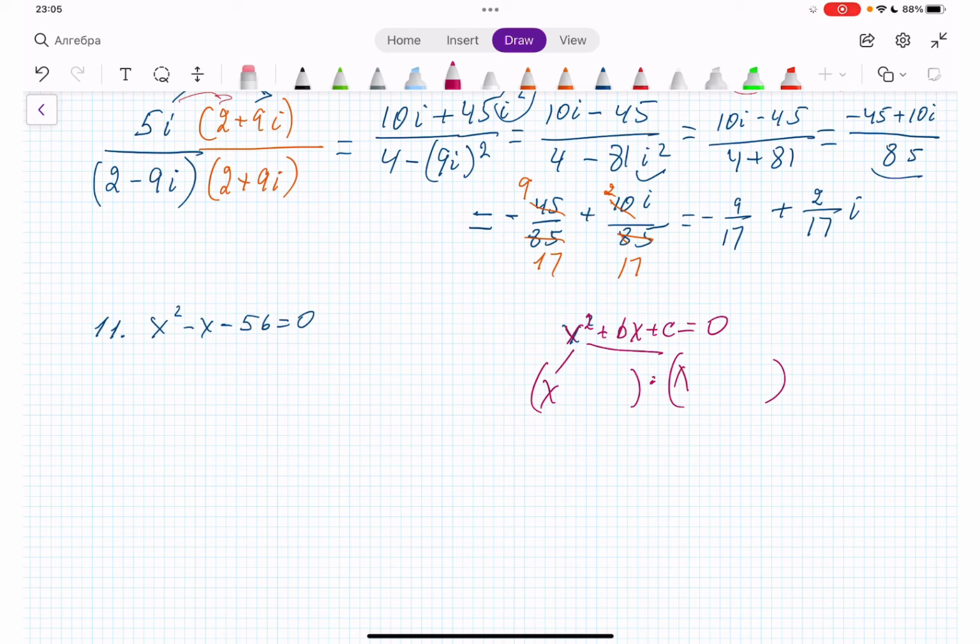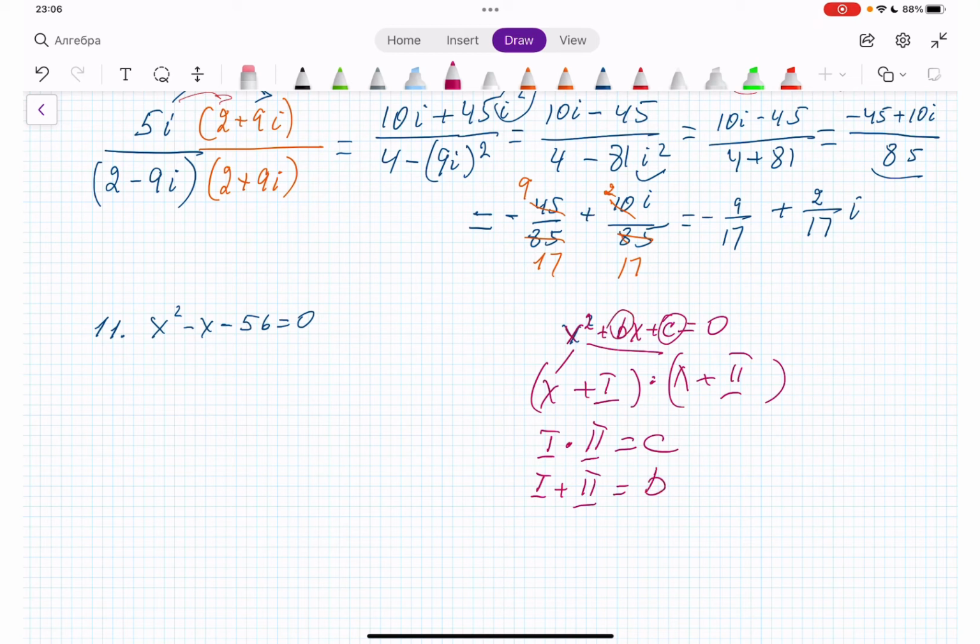So x times x is going to be x squared. And then we will have first number and then second number. The way that the first number multiplied by the second number will be equal to c, and the first number plus the second number is going to be b.